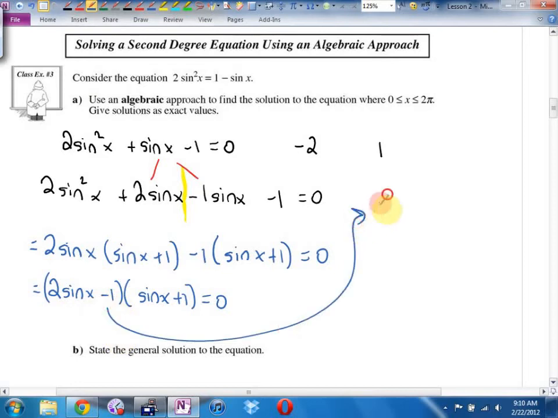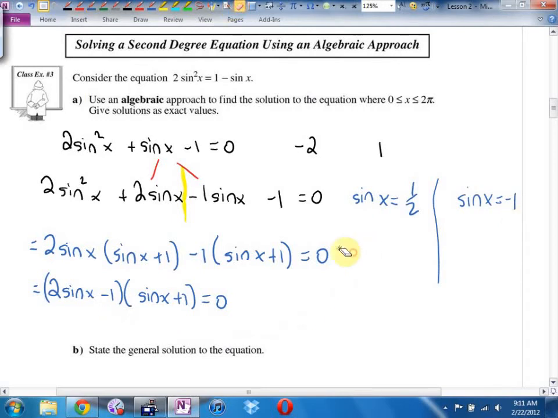It's going to be sine x equals 1/2. What are the roots? We get two equations when all is said and done, and we're going to solve them both independently now.